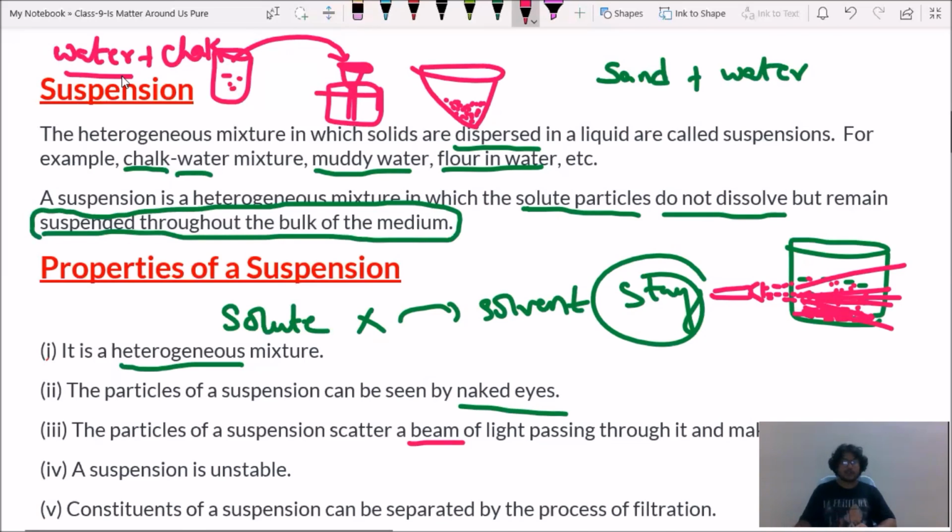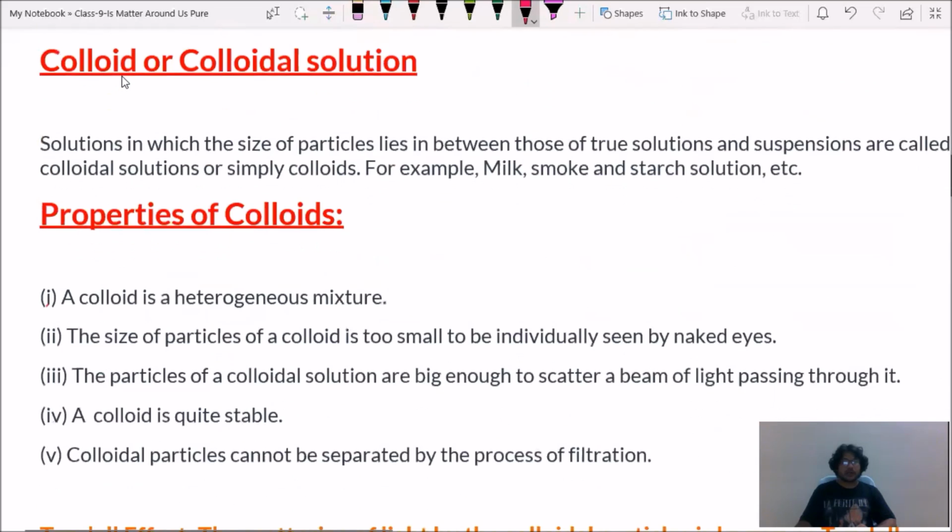Next, moving to the third type, colloid or colloidal solution. What is meant by colloidal solution? Solutions in which the size of particles lies in between those of true solutions and suspension solutions.